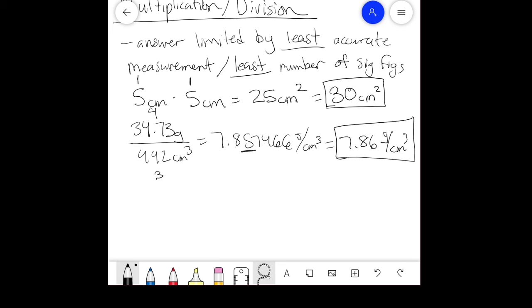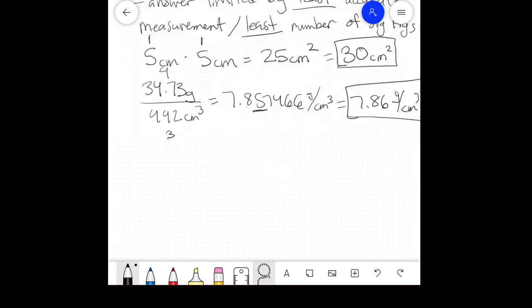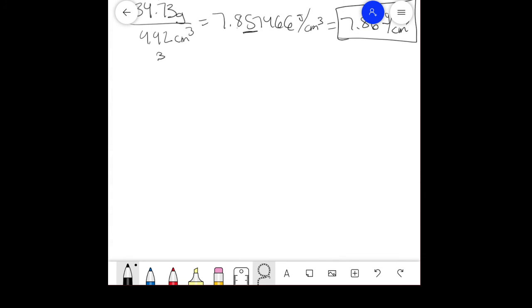There are also rules for addition and subtraction.